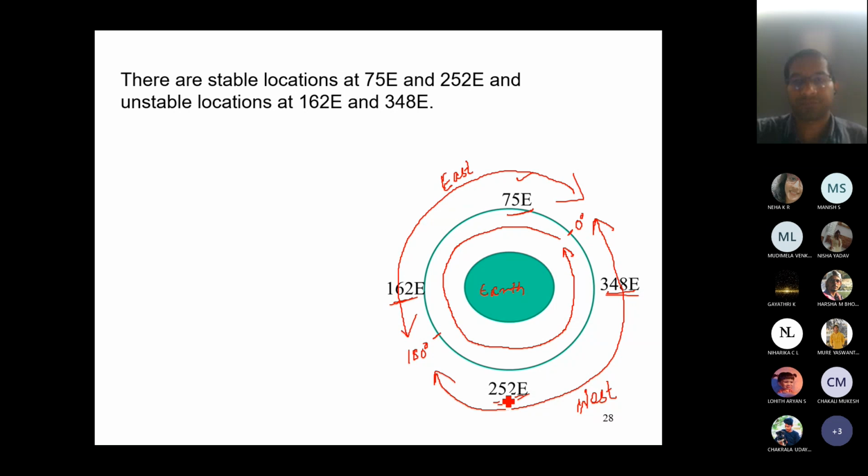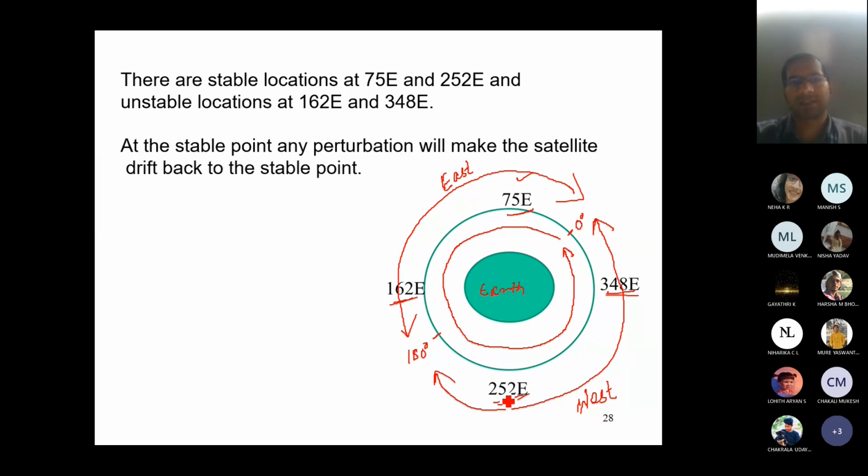Okay. So this is what I have shown, that there are some longitudes which are considered as the stable location, and it is because of the gravitational force which is acting. So at the stable point, any perturbation will make the satellite drift back to the stable point.